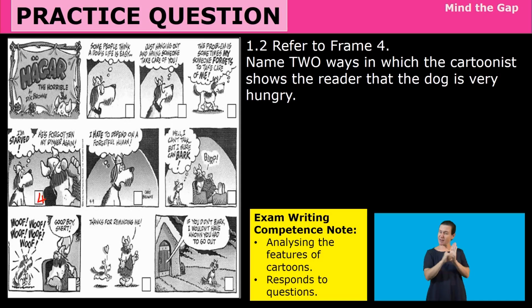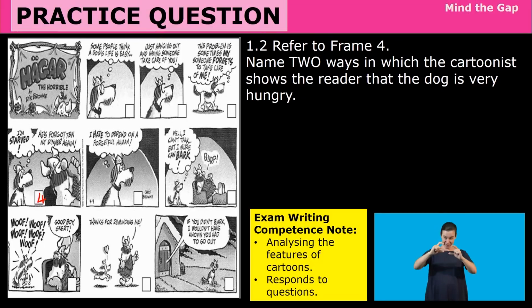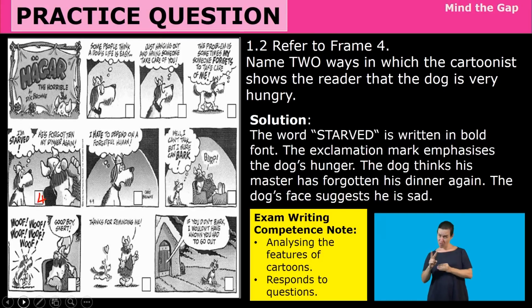So the dog's thought bubble says, I'm starved, all right? So already, even before you get to the response, you look at the visual clues that are given in the question. And it says there, I'm starved. And look how starved is written. Capital letters, bold font, and the exclamation mark. So let's see if our response includes any of that.